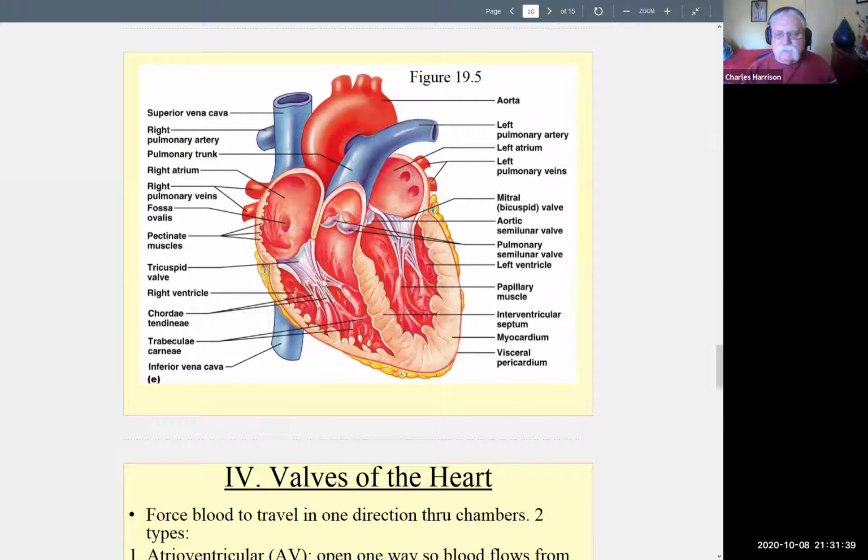The cords are called chordae tendineae, tendinous cords. And they are attached to muscular outcroppings of the ventricular wall. You can see them here and over here and here. These are called papillary muscles.